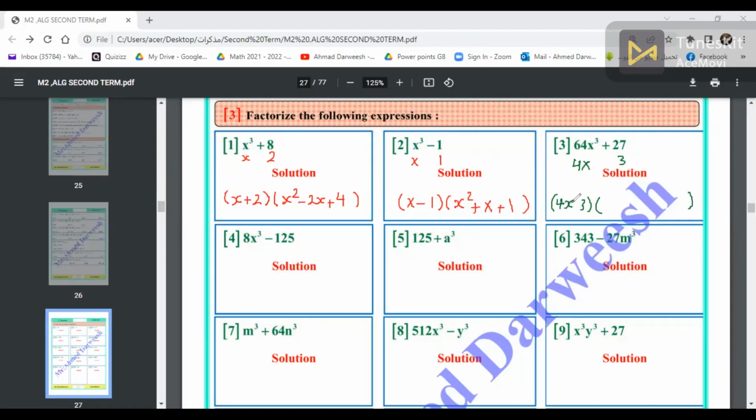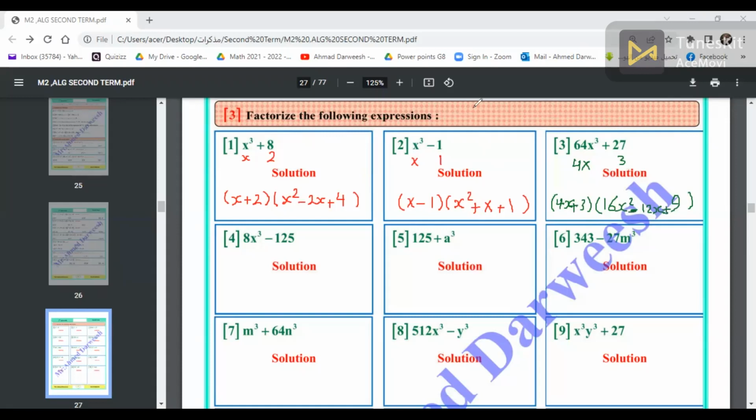Square it: 4 squared is 16, and don't forget the x, it's x squared. Now I square the 3, its square is 9. Now multiply both of them to get the middle term: 4 times 3 is 12x. So we write 12x here. Now what about the signs? This is positive, so that's the same, positive. That's different, negative, and that's always positive.